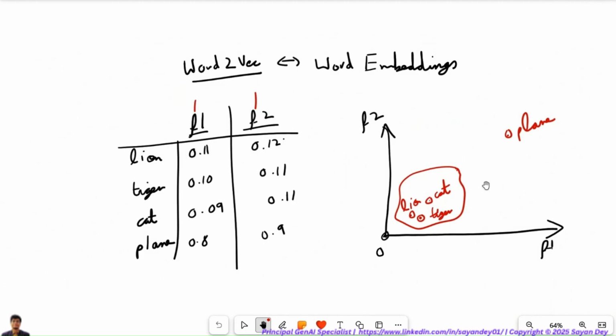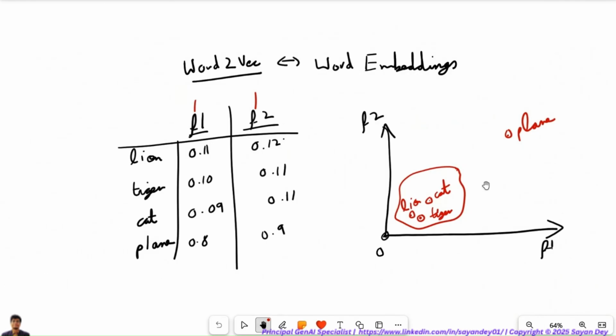Let's say I have a document, Radhika is a good person. There are 5 words in the document, right? We talked about that use case in the last discussion. Let's say each and every word you can represent as 2 numbers.